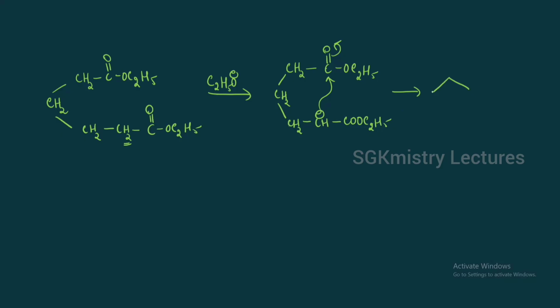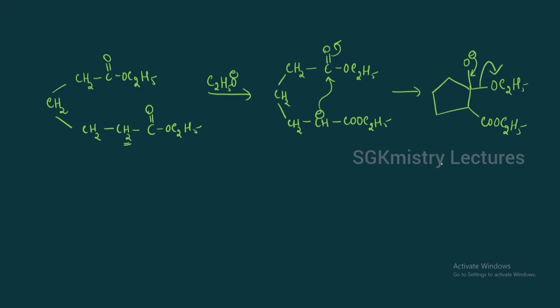So I'll directly write the 5-membered ring structure. Now here I have O minus, here I have OC2H5. Now to this carbon, there is COOC2H5 that is attached. Now this minus can come back here.